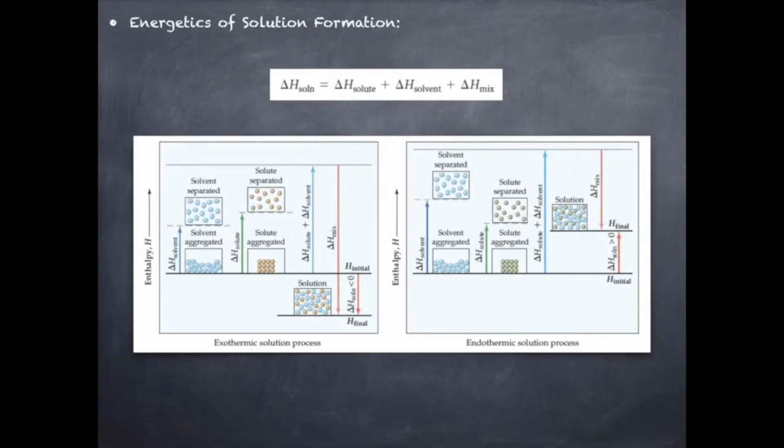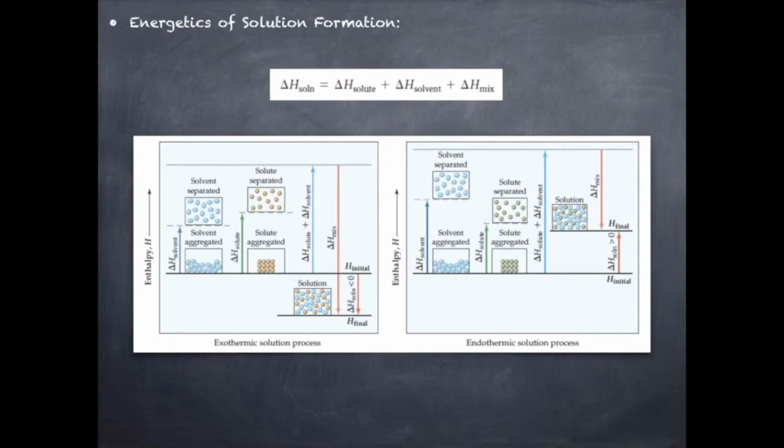So the enthalpy of solution equals the change in enthalpy of the solute plus the change in enthalpy of the solvent plus the change in enthalpy in the mixture. So let's actually look at what each of those terms means. So for the enthalpy of the solute, that is the energy that must be provided in order to break the solute-solute interactions.